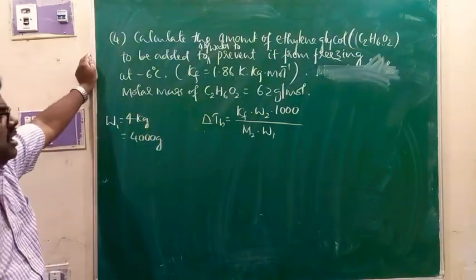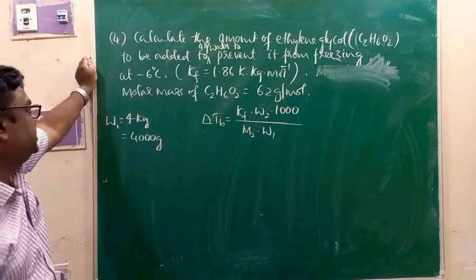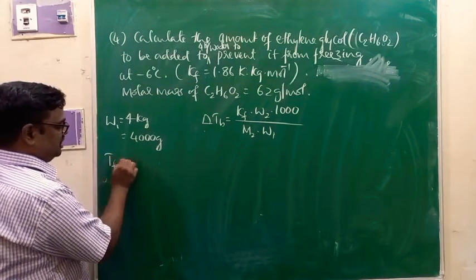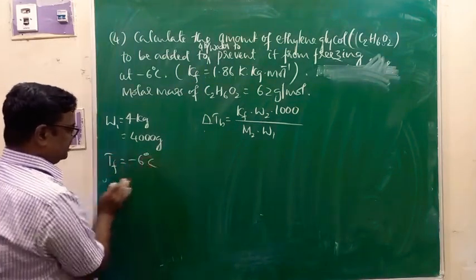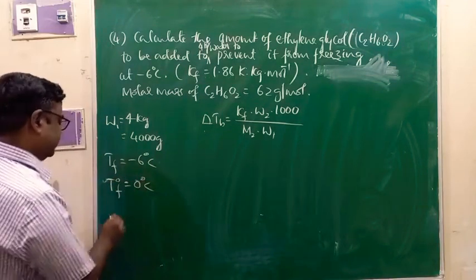Calculate the amount of ethylene glycol to be added to 4 kg of water to prevent it from freezing, that is, the freezing point of the solution should be -6 degrees Celsius. Freezing point of water is 0 degrees Celsius.